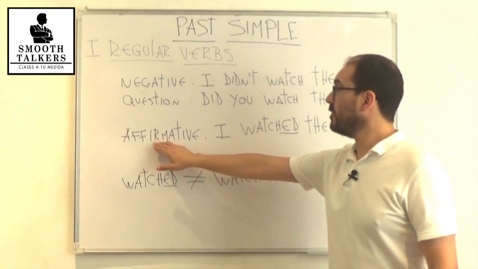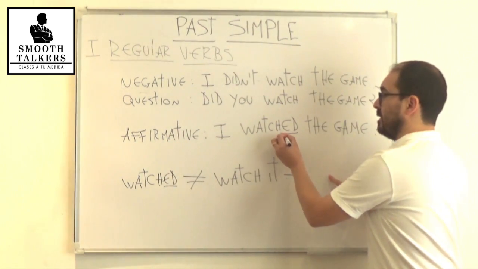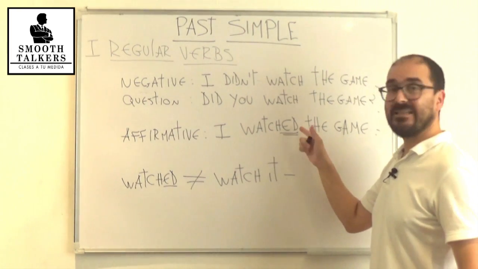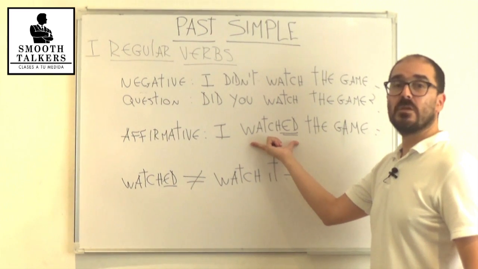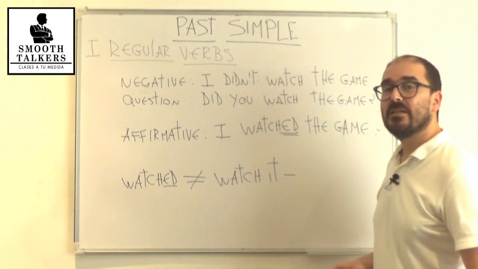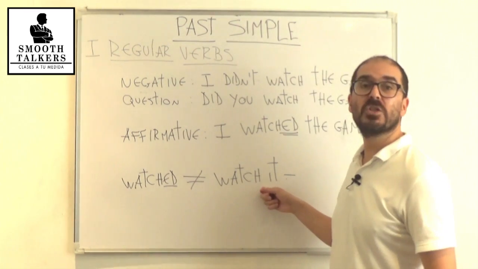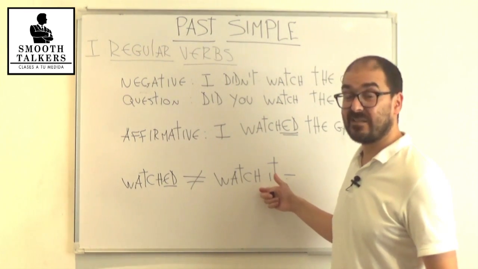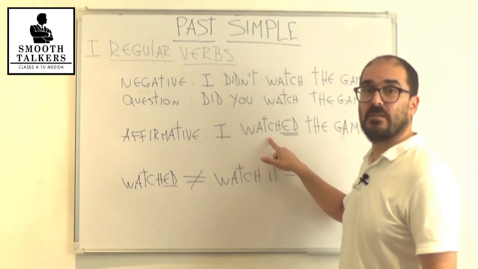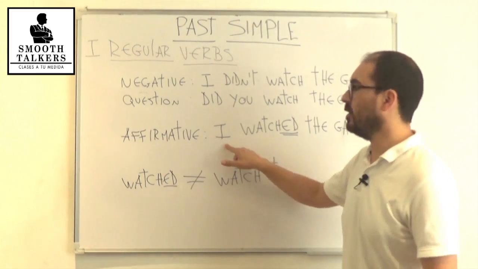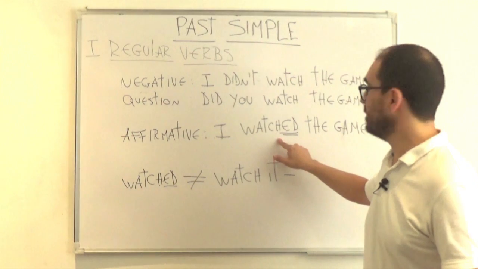You see, affirmatives, for regular verbs, we're going to add the suffix ed, okay? But now this is not pronounced "watch it." "Watch it" is wrong. Why? Because "watch it" sounds exactly the same. We can't say "watch it." So if I wanted to say this, I would say I watched the game.